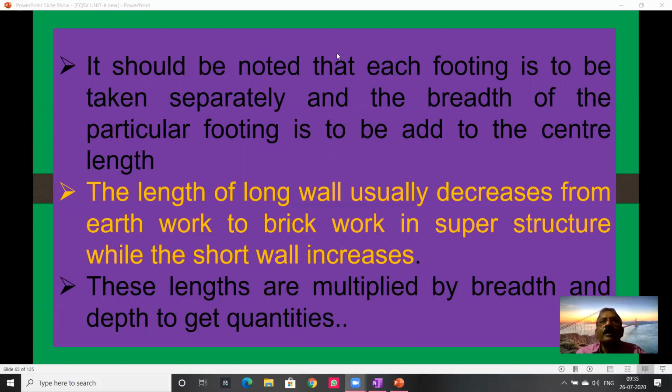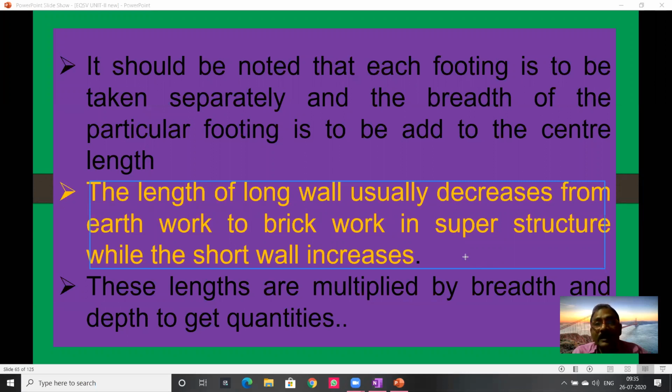Here I explained one important point. If you see, the length of the long wall decreases from earthwork to brickwork in the superstructure, while the short wall length increases.